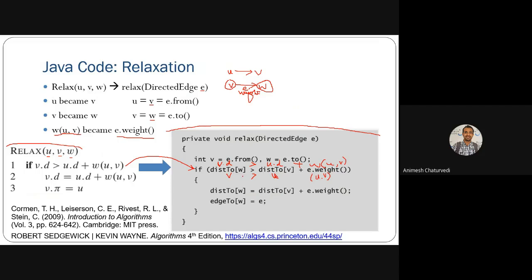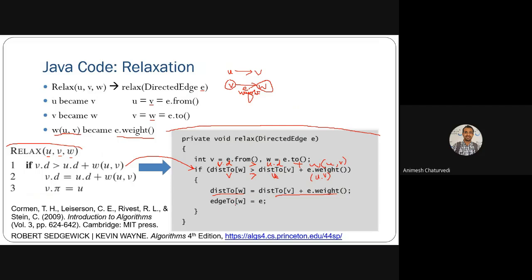And if this condition is true, meaning the current distance of v, that is w, from the source node is larger than the distance of v plus the given weight between v and w, then you just replace it with the distance to reach vertex v from the source plus the weight between v and w, and that updates the distance to reach w.